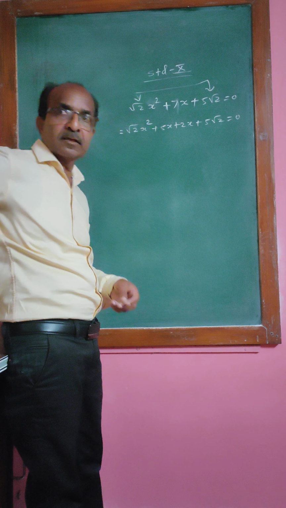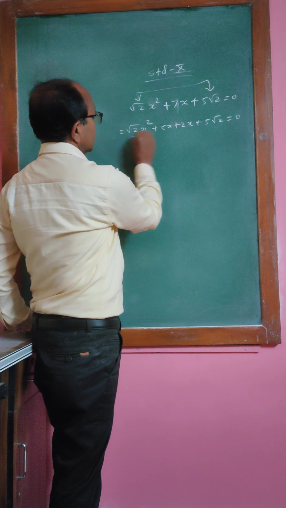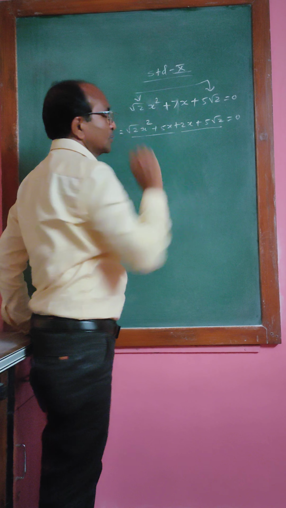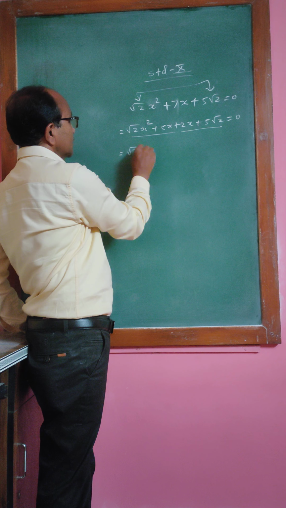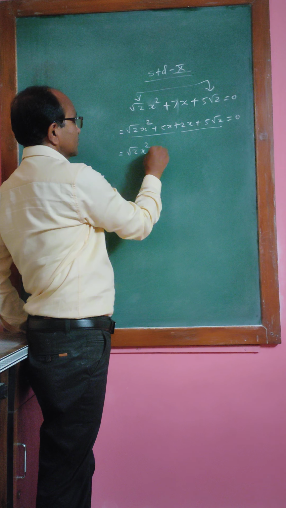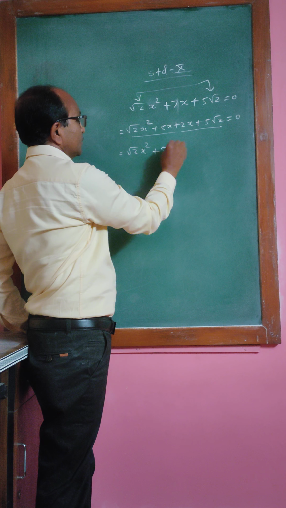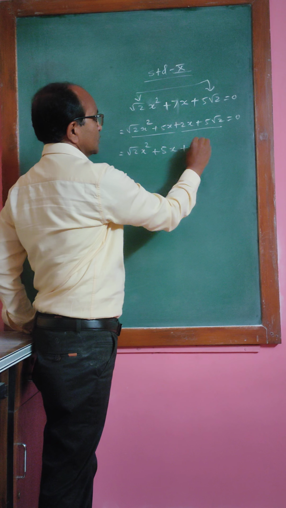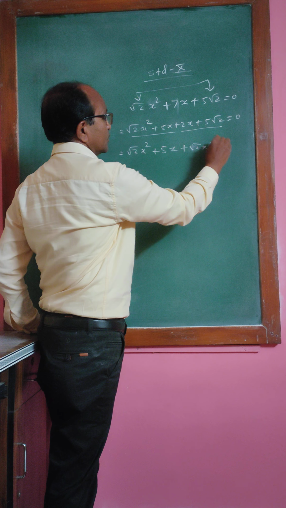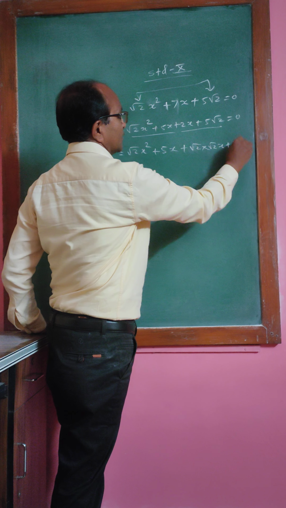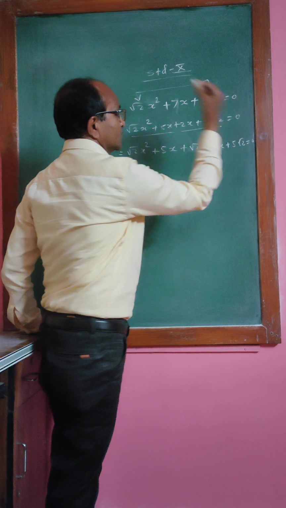Then we have to take common from the first two terms: root 2 x square plus 5x, plus 2x plus 5 root 2 equal to 0.